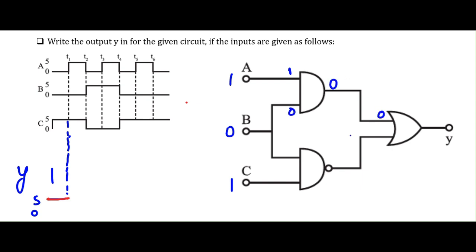Here we are feeding 0. So this 0 1 will be 1 here. So we have 1 here. And now the final result will be 1. So again for the second interval, it is 1. Let's check for the third interval.